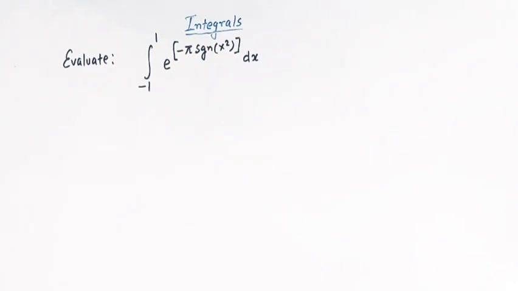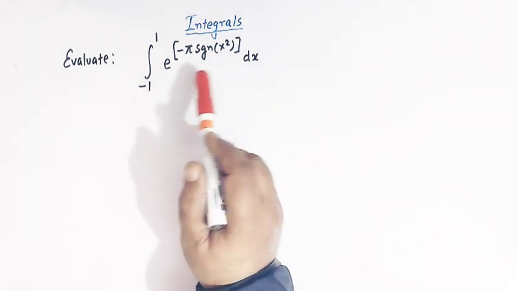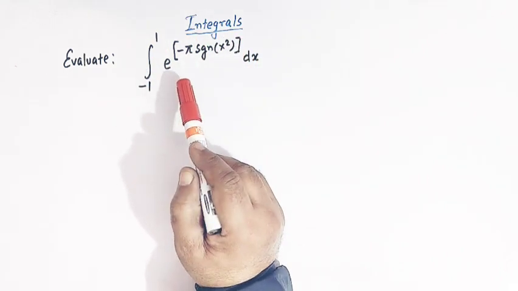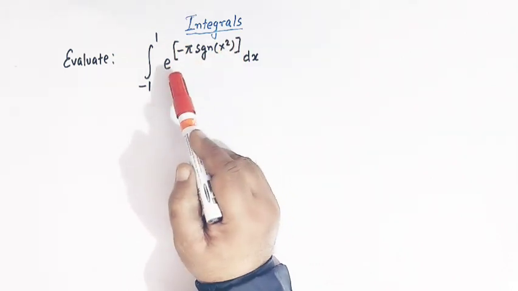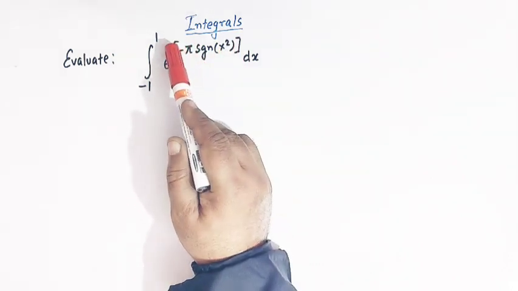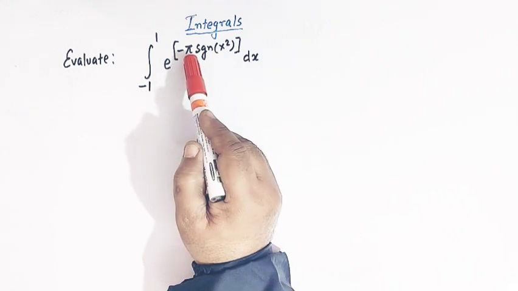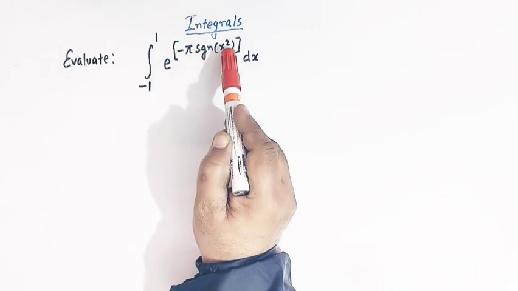Hello viewers, in today's class we are going to discuss a very important problem from definite integrals in which we have a combination of greatest integer function and signum function. In this lecture we'll see how we can easily evaluate this integral from -1 to 1, where the integrand is e raised to the greatest integer of minus pi signum of x square.